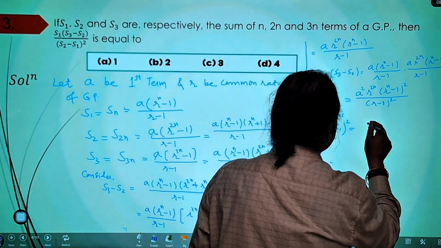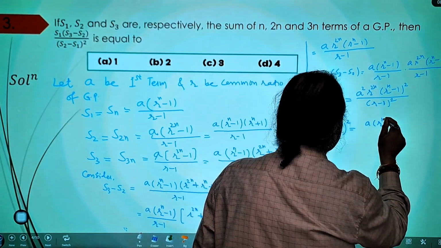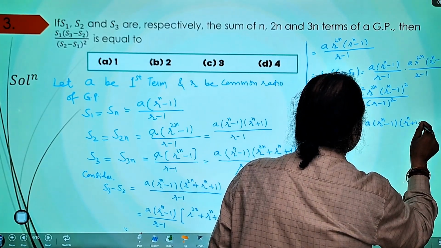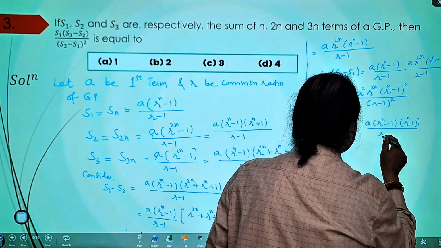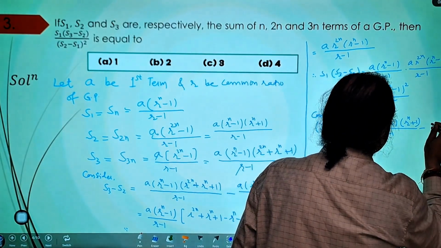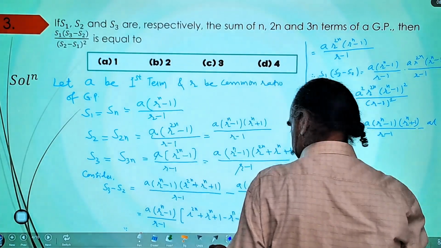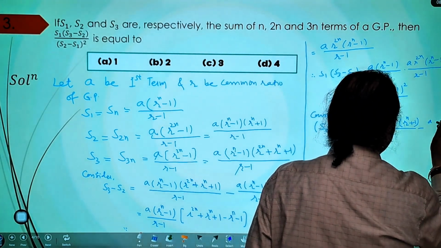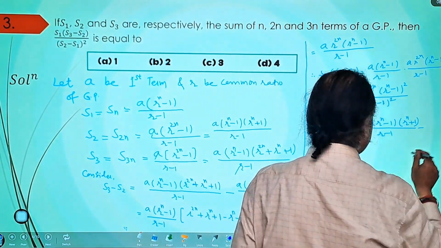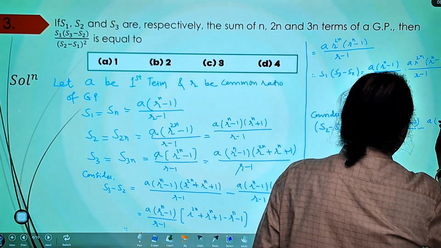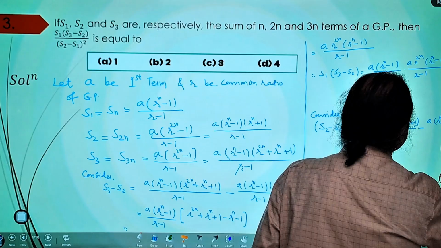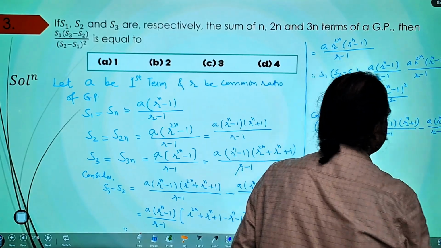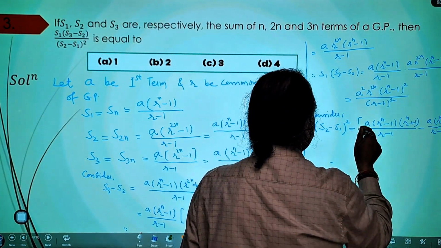A into r raised to n minus 1 into r raised to n plus 1 upon r minus 1, minus a into r raised to n minus 1 upon r minus 1, the whole square.